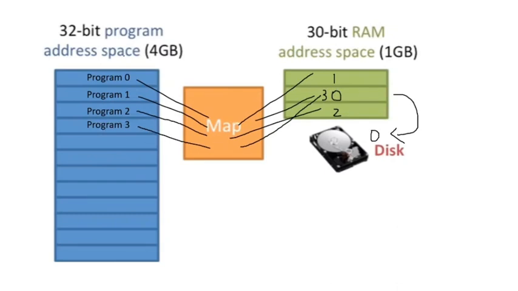So if the program address space tries to load program 4 to map, the virtual memory will find the oldest program in RAM address space, and it's program 1, and program 1 will be moved to hard disk, and program 4 will join in here.